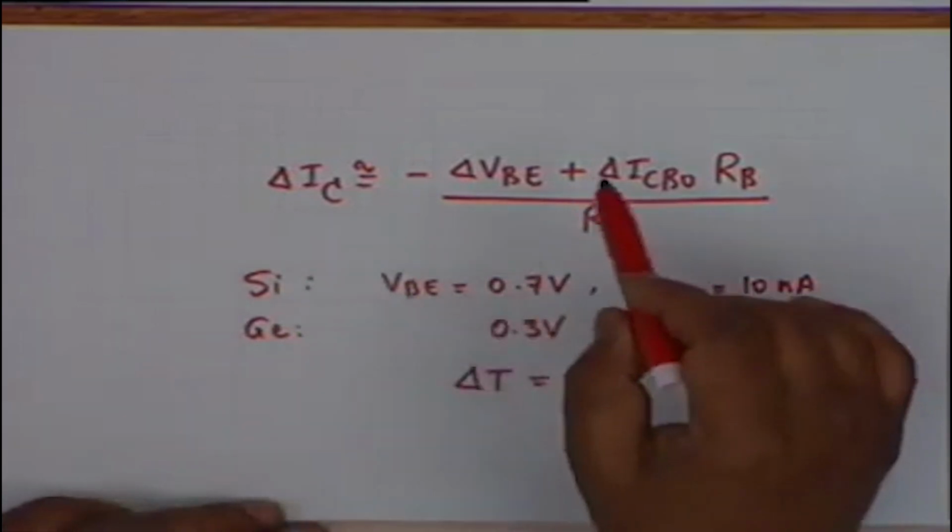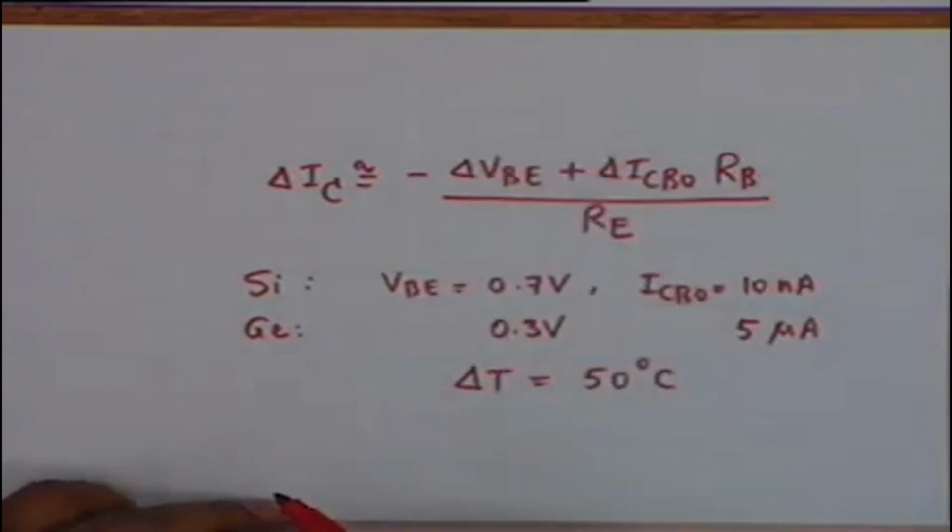Delta I sub C contains two quantities, one is delta VBE and one is delta ICBO.